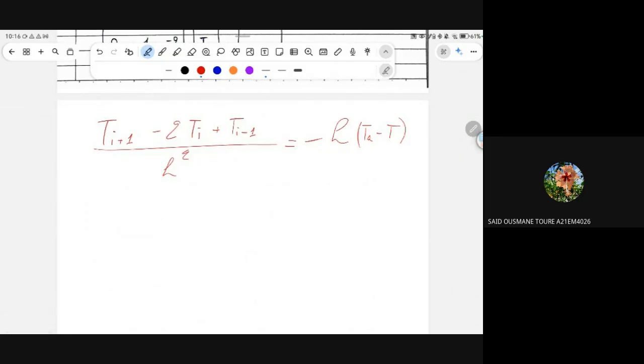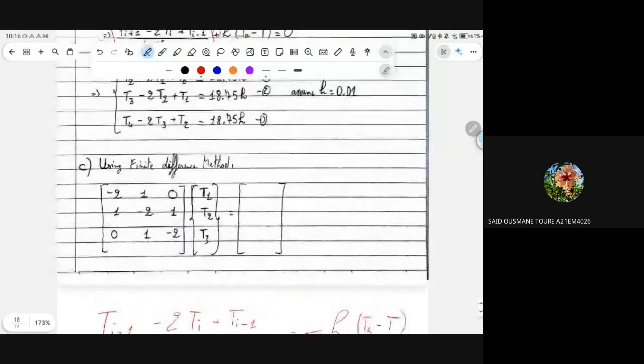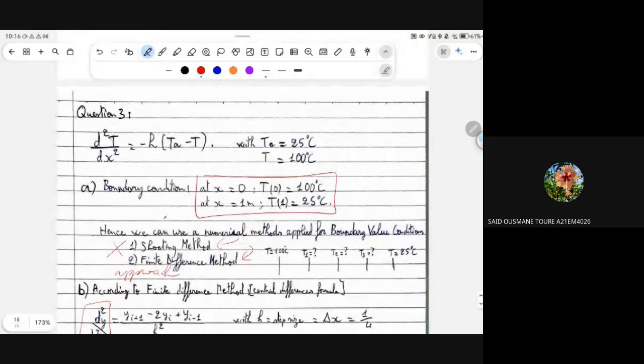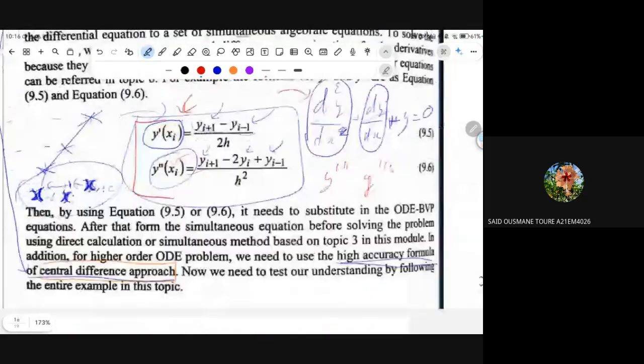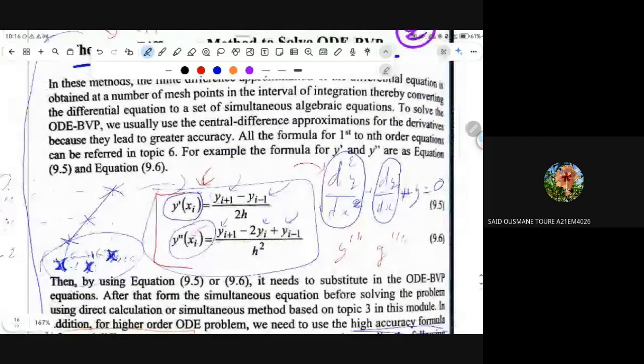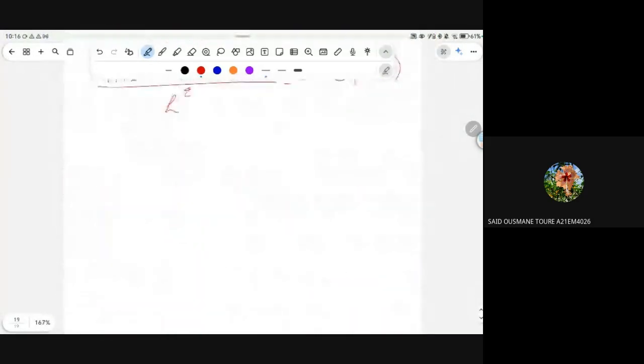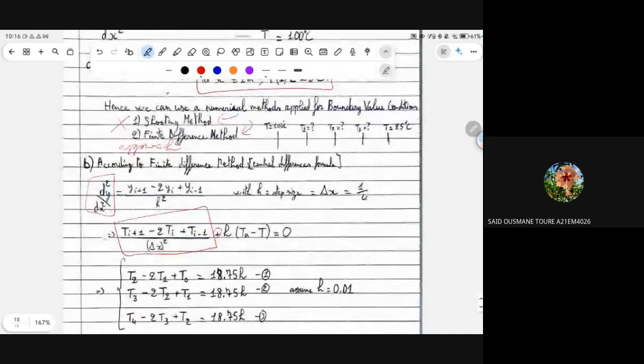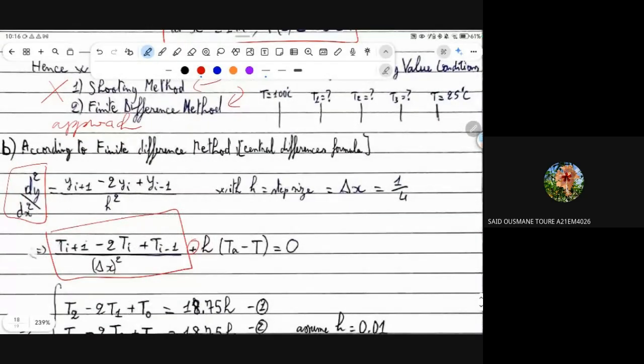I put this H square. Now, before we go into detail, the H here, you have to understand that there is a clear difference. What does this H really stand for? Let me check again. It stands for step size.